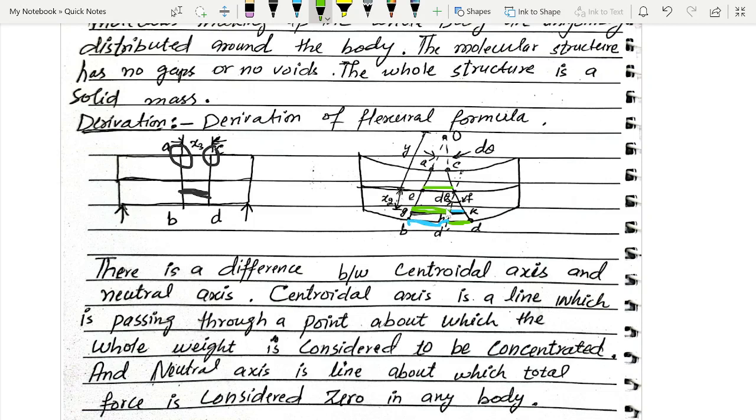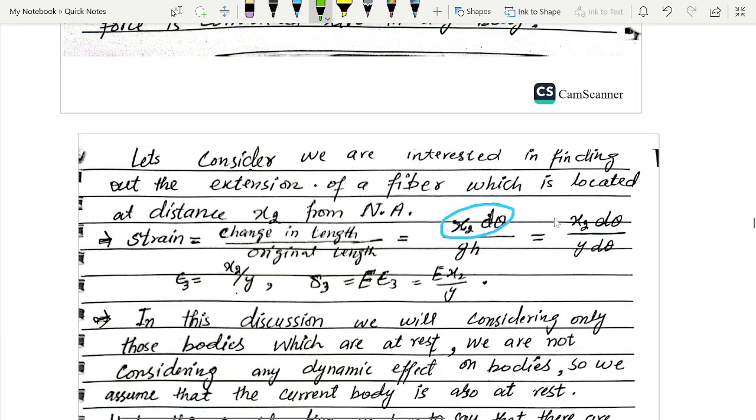So GH is the original length, equal to y d theta. So we can cancel theta by theta, and we get x2 divided by y.